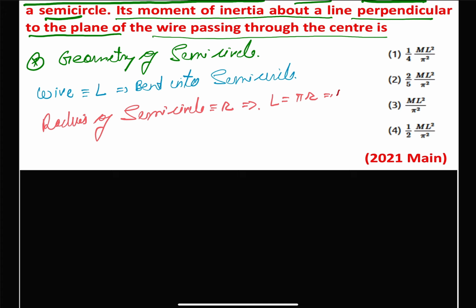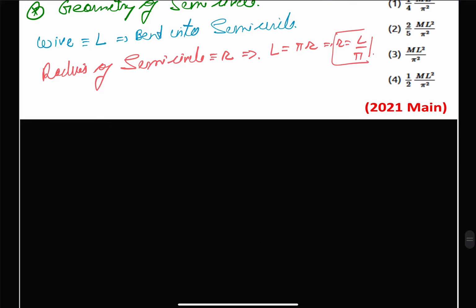From here we can say our r is equal to L upon pi, because initially we had a wire of length L, and then it is bent in the form of a semicircle, something like this.